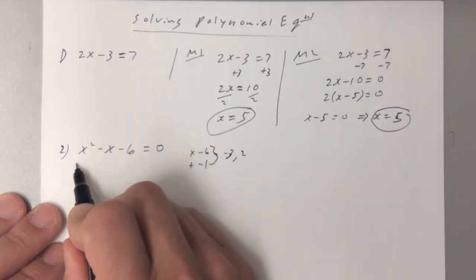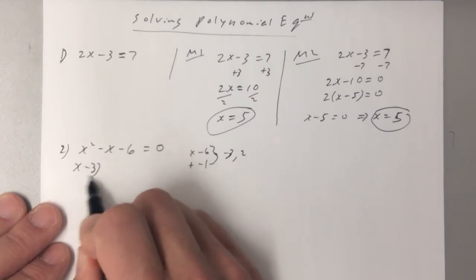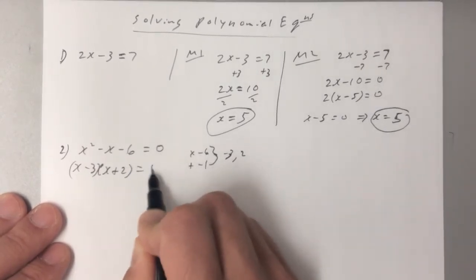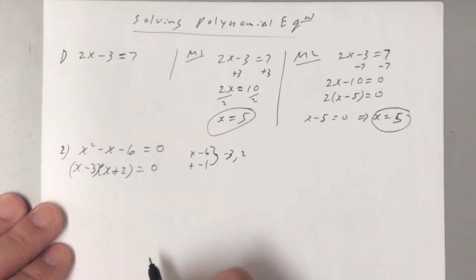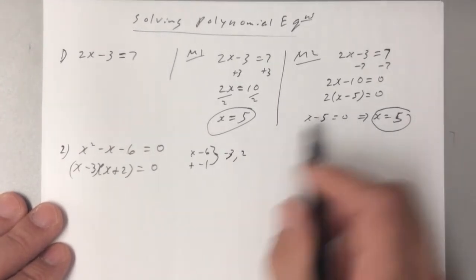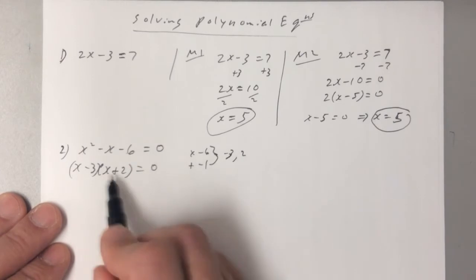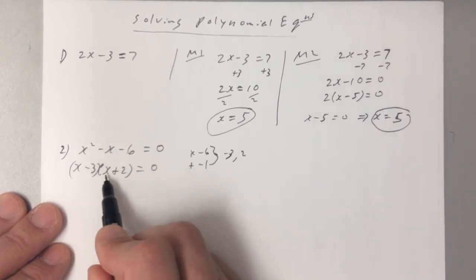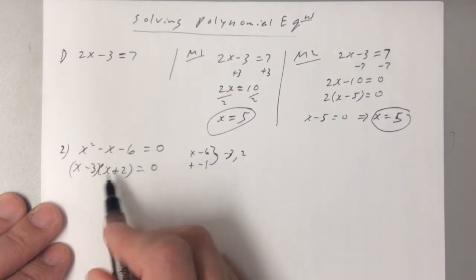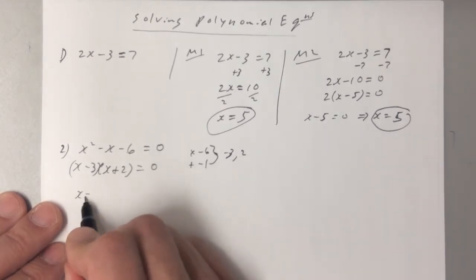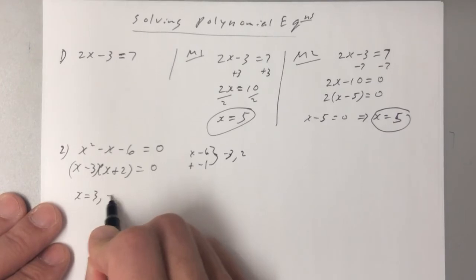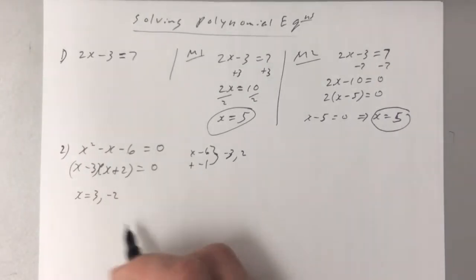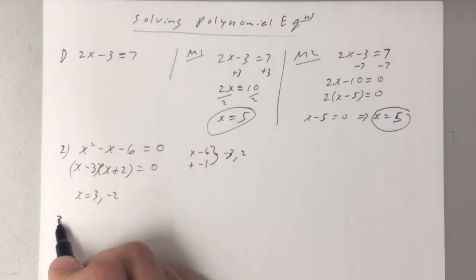So we'd factor this to (x minus 3) times (x plus 2) equals 0. And for the same reason as we had up here, in order for this to be true, either x equals 3, that makes this 0, or x equals negative 2, that makes this 0. So the solution is x equals 3 or negative 2. Okay. And that's for a nice quadratic that factors.